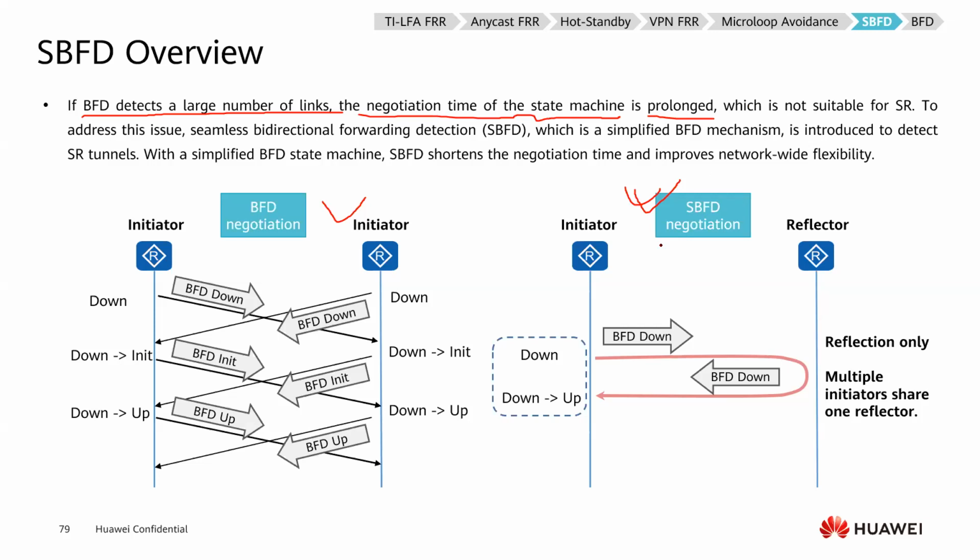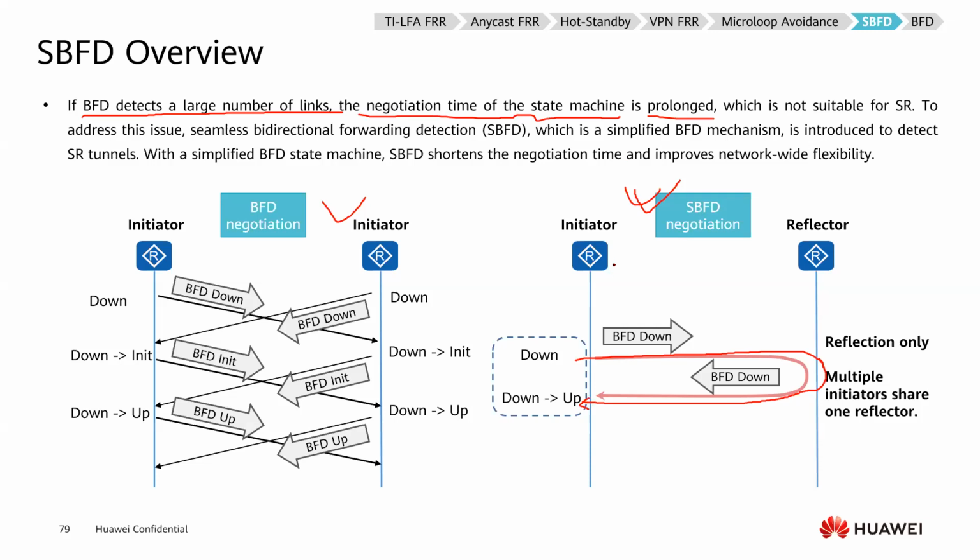So there is SBFD. What does SBFD do? SBFD works this way. The initiator sends a BFD packet to the reflector, which is the other end of the SR tunnel, and the reflector sends it back.